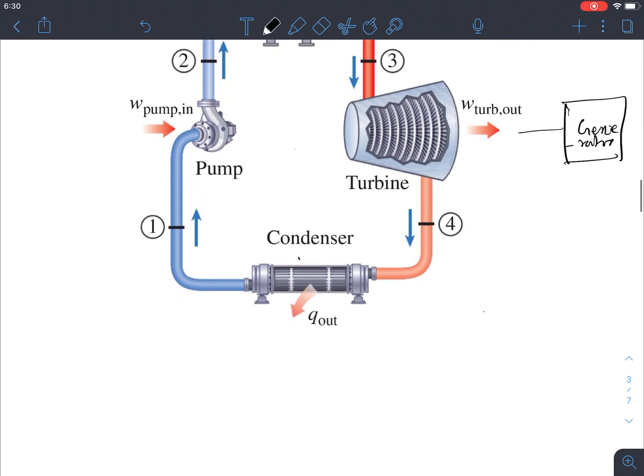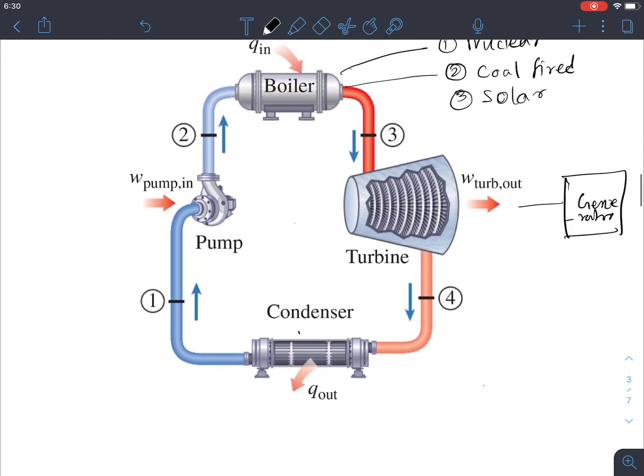However, we'll just analyze this cycle, okay? So the turbine outlet is still vapor, right? Saturated vapor. That vapor is coming through a condenser where the heat rejection is happening, and due to that heat rejection, that vapor is again becoming saturated liquid.